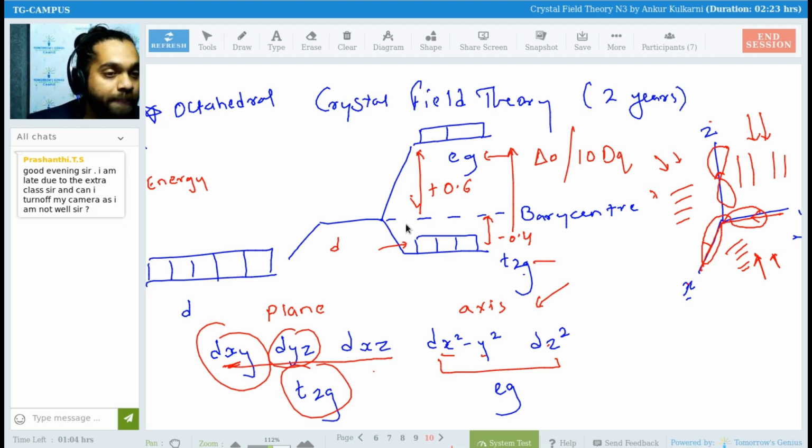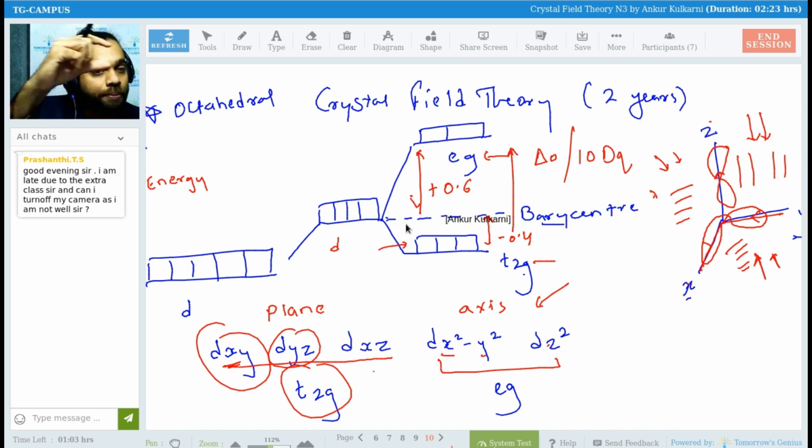And what is barycenter? Barycenter means the energy of the d orbital. Originally your d orbital is chilling. Now, as the ligand approaches, it goes higher in the energy, and that energy, before splitting, we call the barycenter.